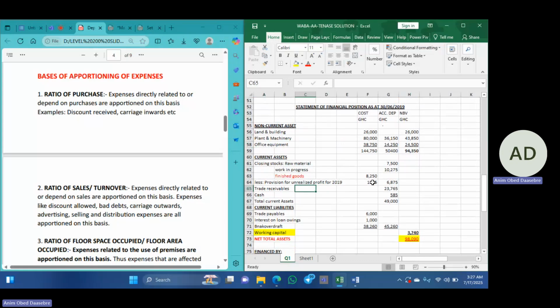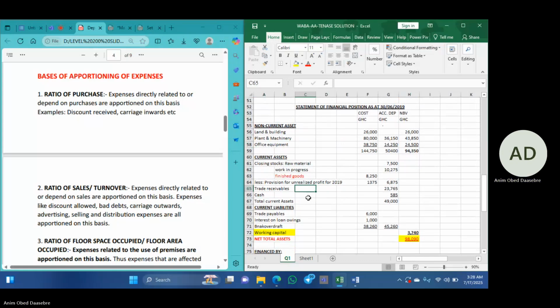And if there is any adjustment for bad debt, maybe you see bad debt in the question, you also have to take it from the closing stock of finished products, like we saw in our sole proprietor preparation, right?